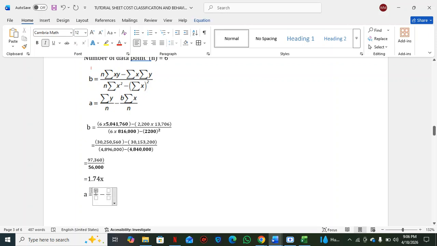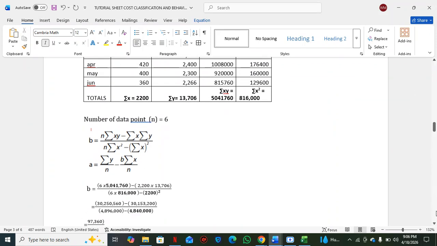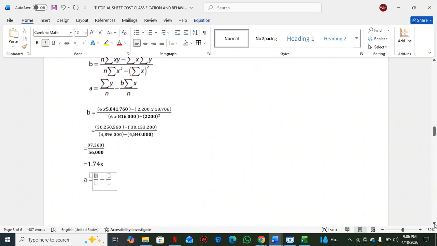All right. Our fixed costs, which is A. Summation of Y was 13,706, and our n is 6.